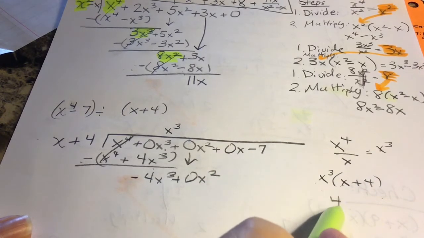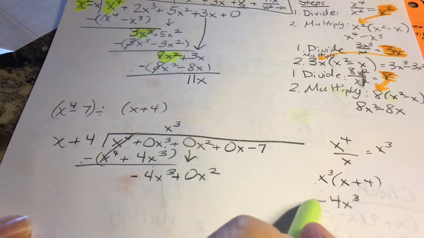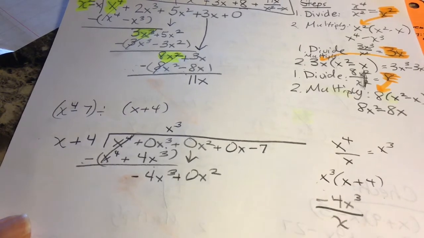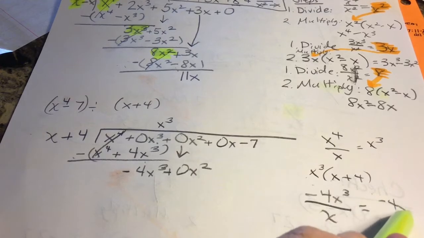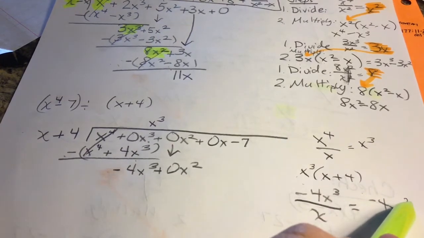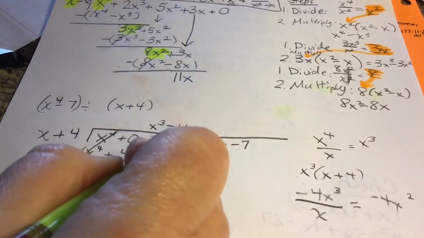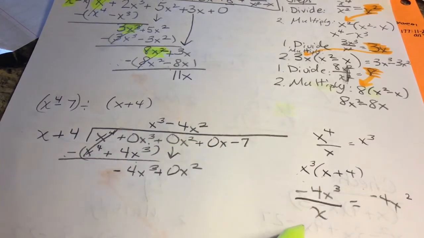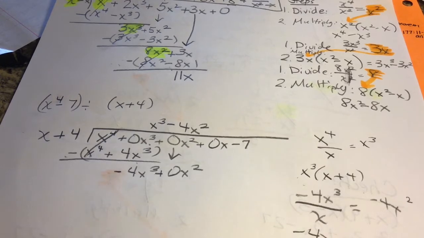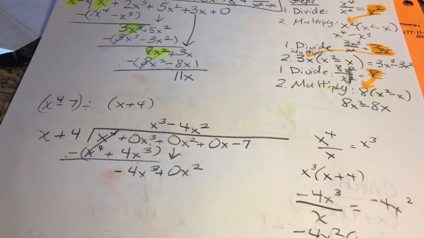Divide negative 4x cubed by x. That would be negative 4x squared. That answer would go up here, negative 4x squared. Multiply that answer we just got by the divisor.